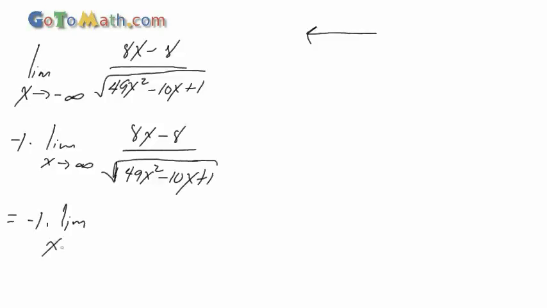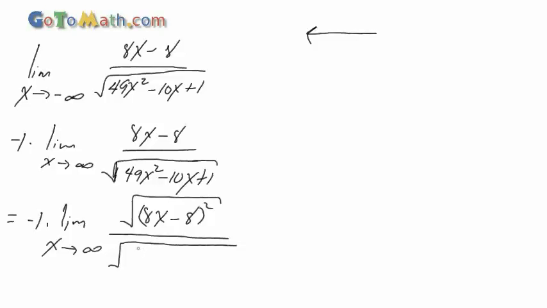The limit as x approaches infinity, so we're going to square the numerator, square it, but then we're going to square root it. This is just a little trick here. And of course the denominator is automatically squared, 10x plus 1. Now we can rewrite this by getting rid of both these square roots and just square rooting the whole thing.